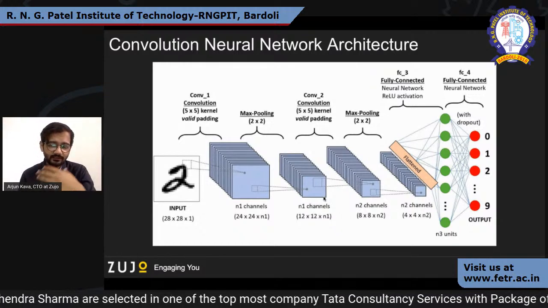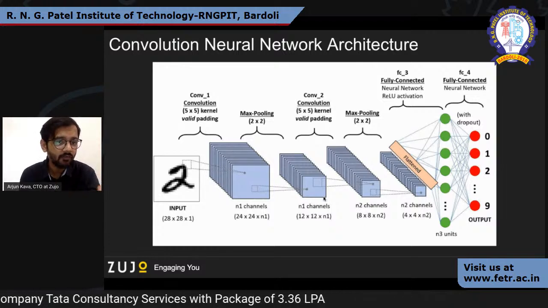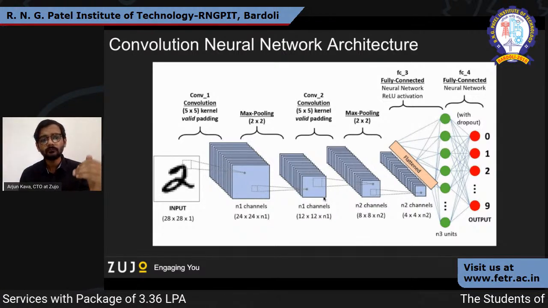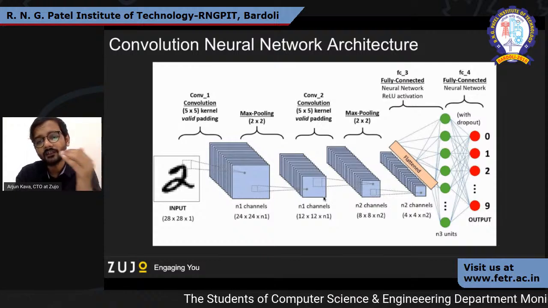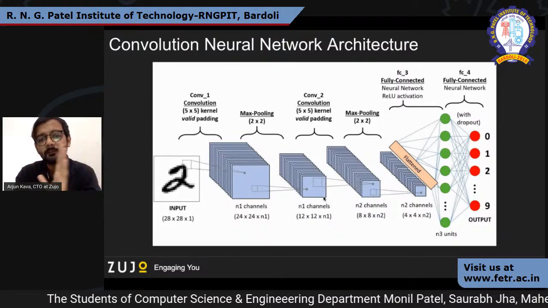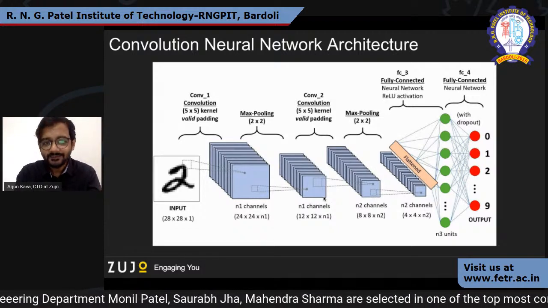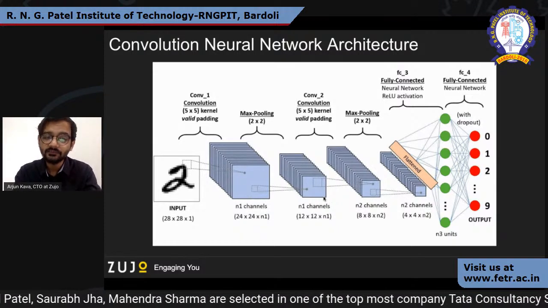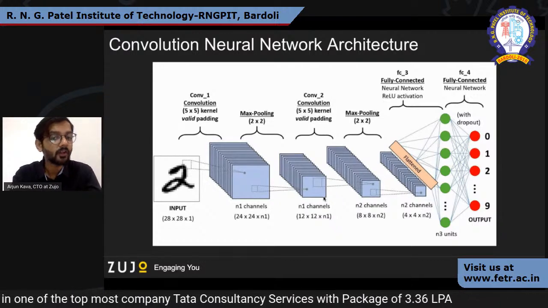Let's first get an abstract overview of each and every part of this figure. As you can see there, there is the input and there is the output, and there are so many blocks in between, right?